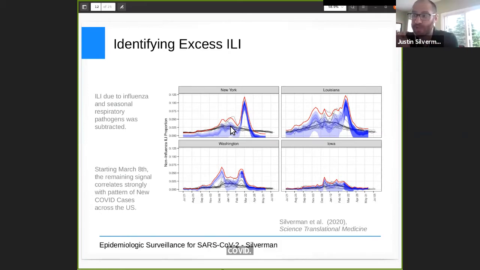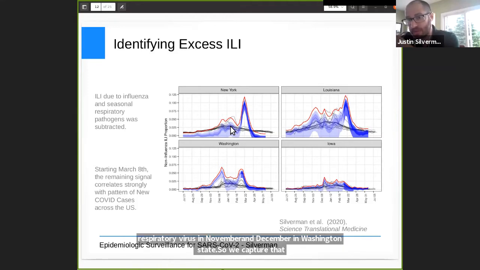So for example, in Washington state in November to December, you see that there's a big peak. It turns out that there was a massive and quite unusual outbreak of respiratory syncytial virus in November and December in Washington state. So we capture that. But this excess ILI signal, this blue, what we start seeing is it really picks up in February to March.